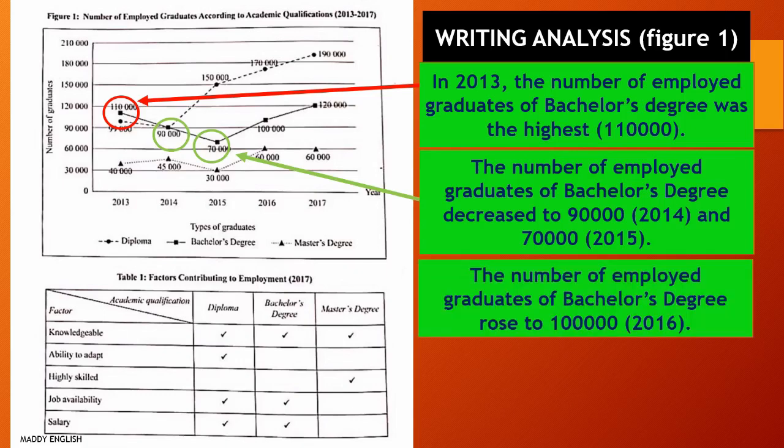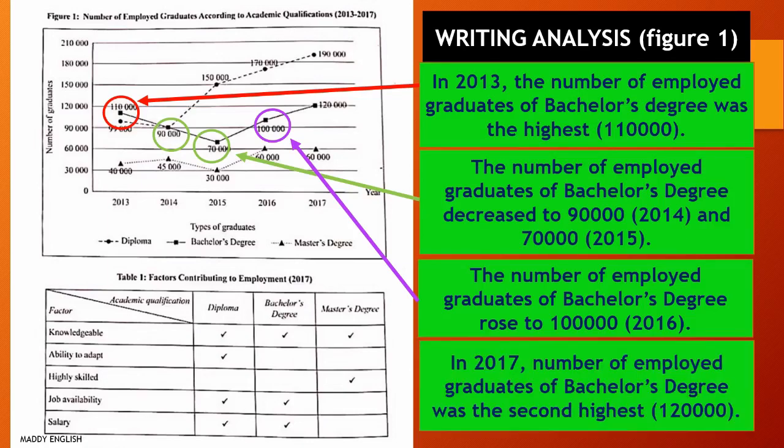Then look at the next example. Number of employed graduates of bachelor's degree rose to 100,000 in 2016. And I am still looking at the same line where there is an increase. And another example that I would like to show you here is in 2017, the number of employed graduates of bachelor's degree was the second highest, 120,000.